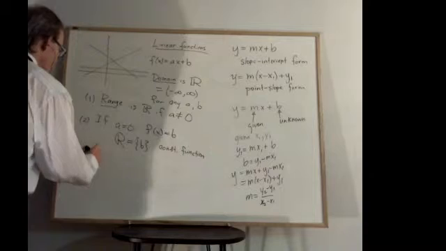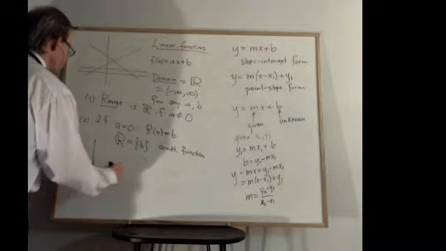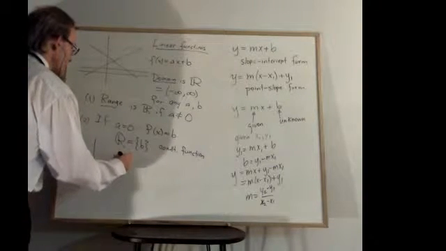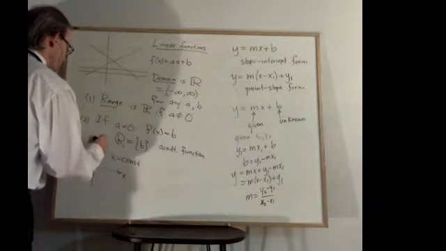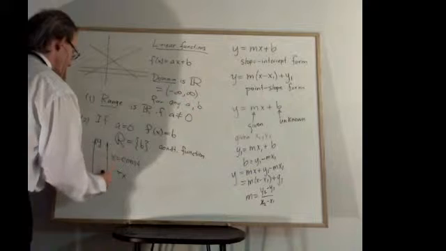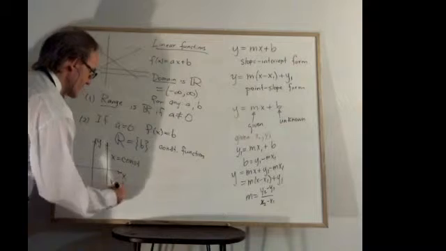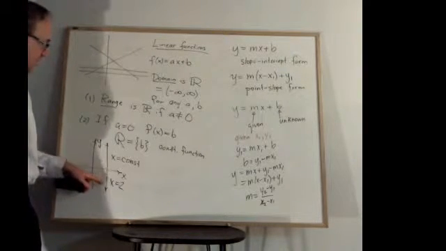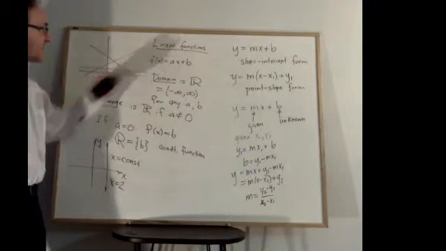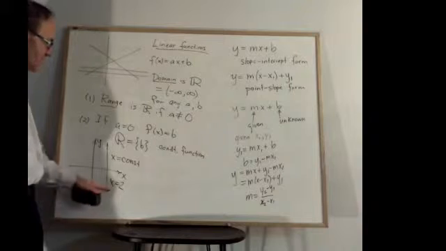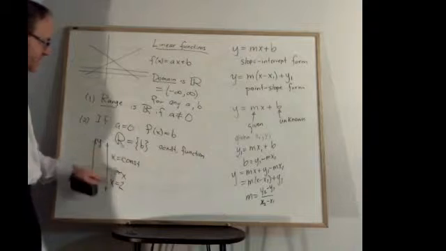Now remember there was another special case of an equation of a line, and that was when you take x equals a constant. Say it's 2 or something. X equals 2. Is this included in our class of linear functions? The answer is no, because this is not a function.